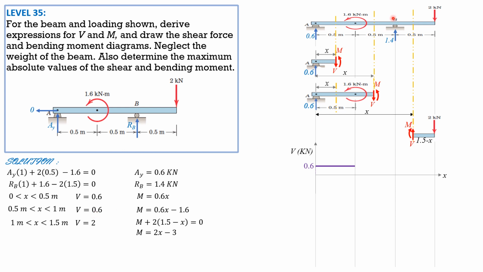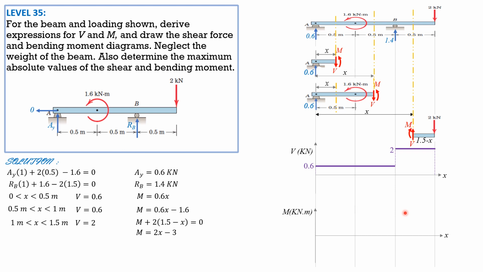When x is 1, it is still 0.6 as shown. Then for 1 to 1.5, the shear is 2. So it jumps to 2 when x is 1. Then when x is 1.5, it is still 2. So horizontal. That's why shear minus 2 is 0.